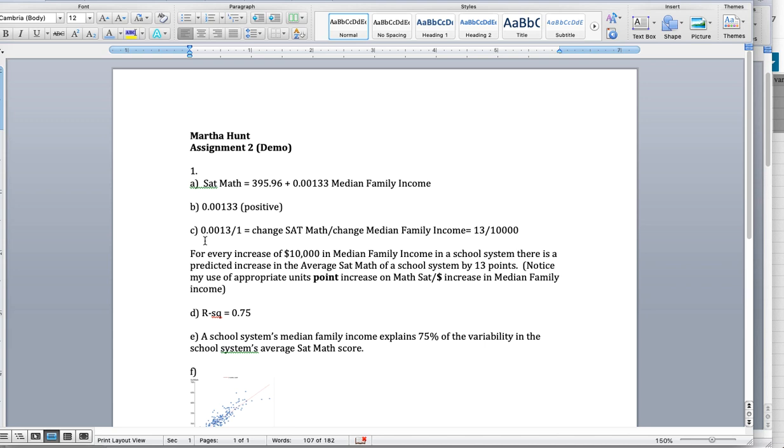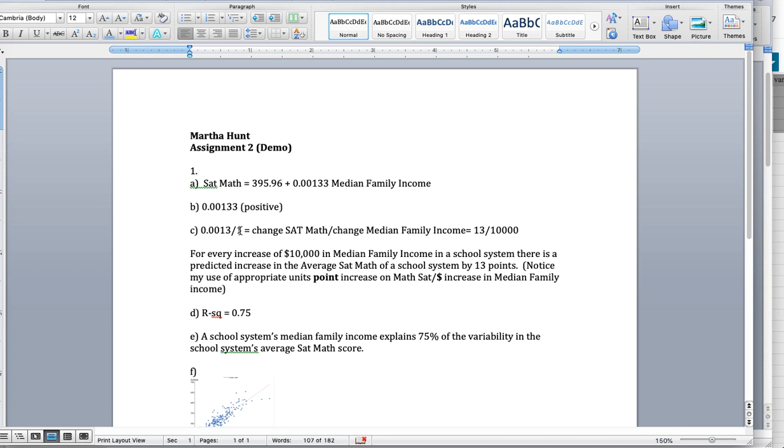The next part of your assignment is to interpret the slope. The slope is the change in y, which is the change in math SAT score, over the change in x, which is the change in median family income. Now, a change of $1 in a median family income is not much of an increment at all.